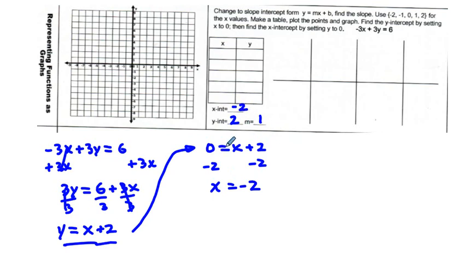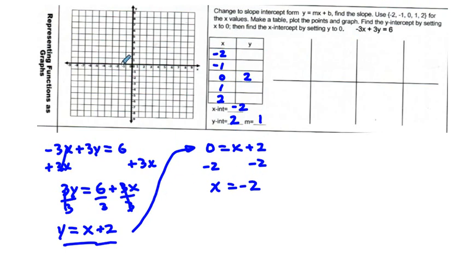And also, what are the input points? They give us these input points. Use negative 2, negative 1, and so on. So negative 2, negative 1, 0, 1, 2. And for an input of 0, we get an output of our y-intercept, which is 2, and then we can just use this function.